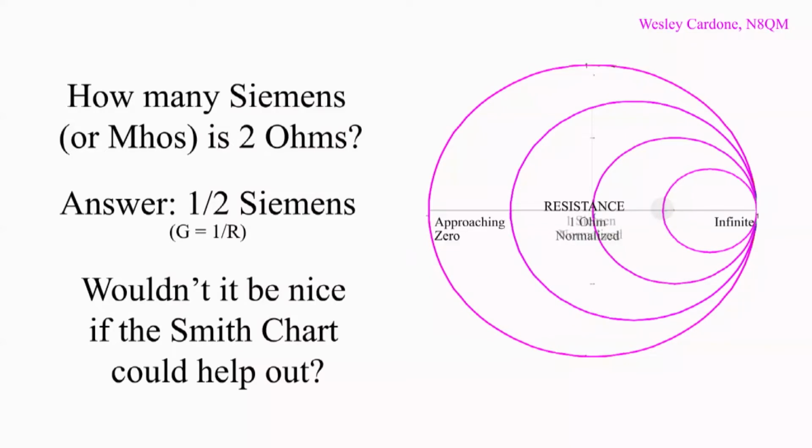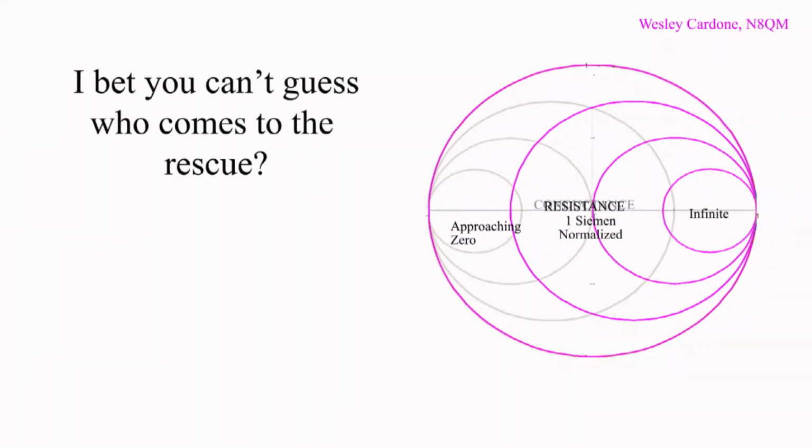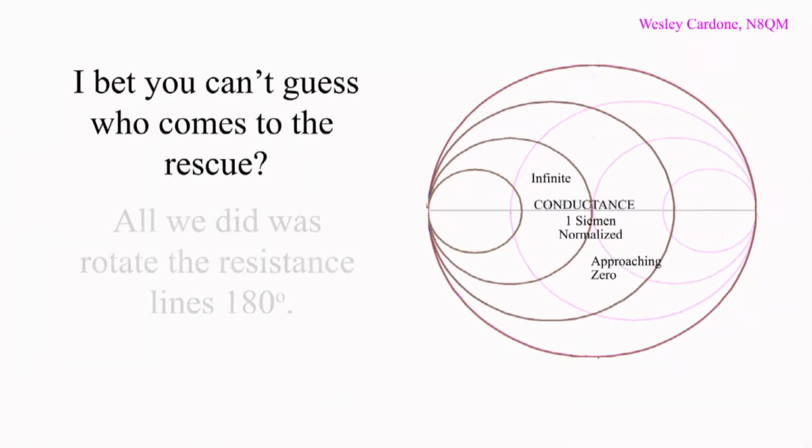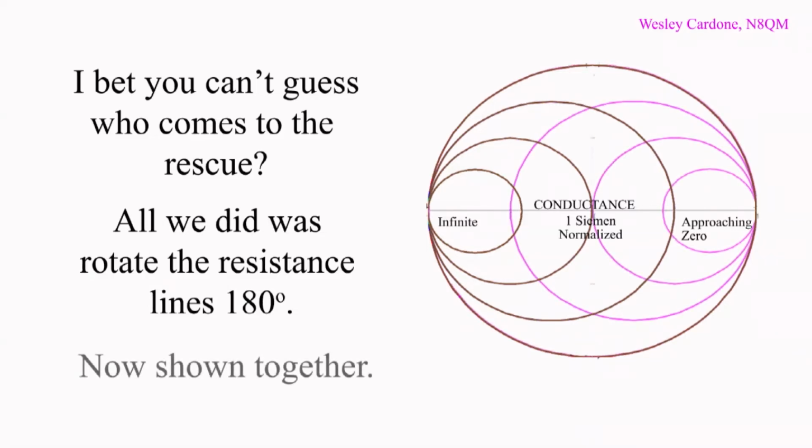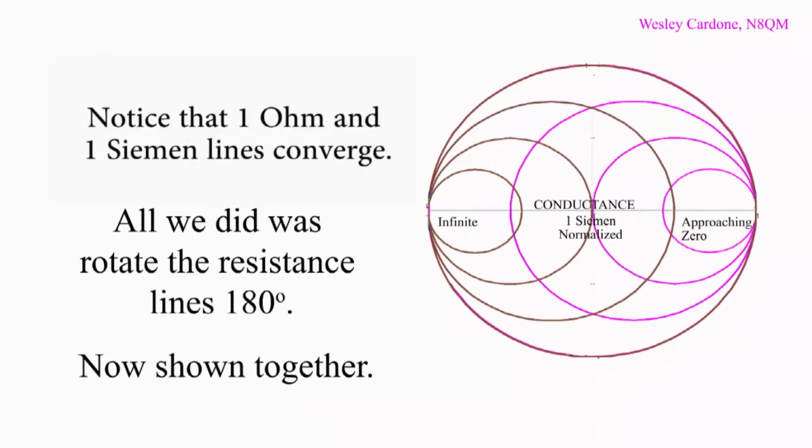Wouldn't it be nice if Smith's chart could just simply give us those lines of conductance? And how did the Smith chart go about doing it? All it did was just take those resistance lines and rotate them 180 degrees, and bingo, here are the lines of conductance here to help you. The important thing to take home is that you already knew that these lines were here.